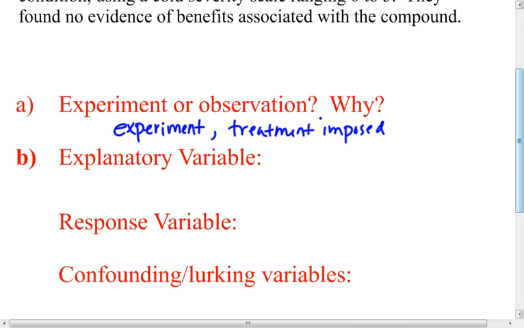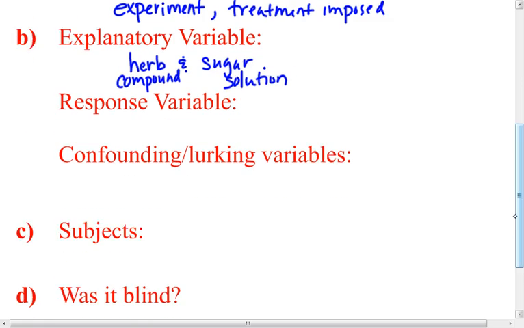Okay, so again, the explanatory variable would be whether you got the herb compound or the sugar solution. The response variable would be what you're measuring, and in this case, my response variable would be the severity of my cold.